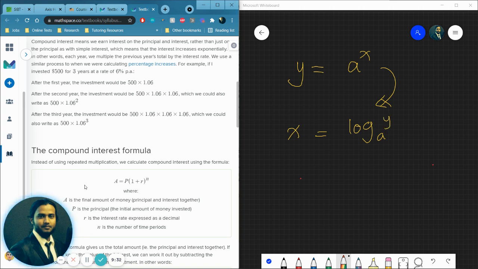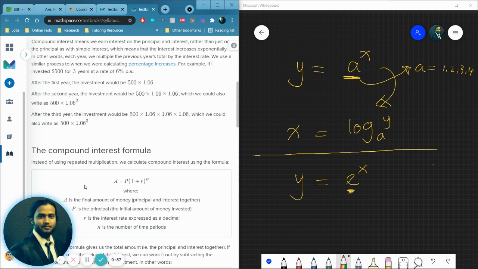But I missed out on something special. This a can be anything: 1, 2, 3, 4, 5, whatever, minus 1, 2, 3, 4, 5. But there is a specific one, which is e. So y equals e to the power x. So this e is the natural logarithm base.